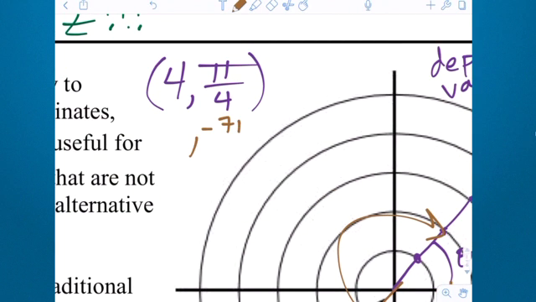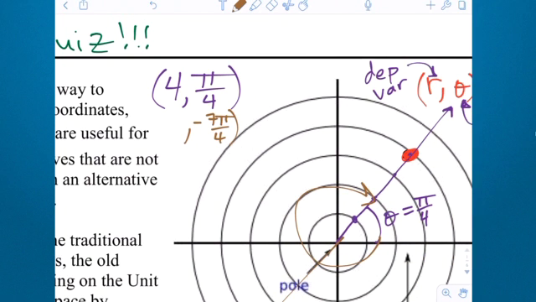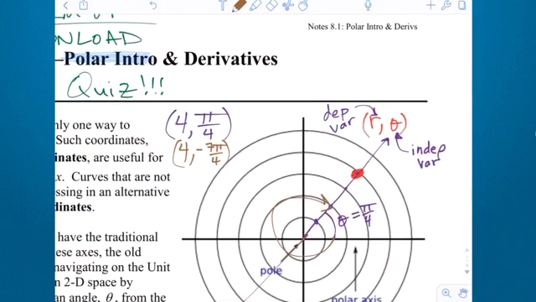So if I rotate to negative 7 pi fourths, that gets me to the exact same terminal ray, and now I'm pointing in the direction I want to go. And if you're pointing in the direction you want to go, then your radius is positive. Okay? So there are two ordered pairs that get you to that point, with a positive radius within one rotation, one positive, one negative.